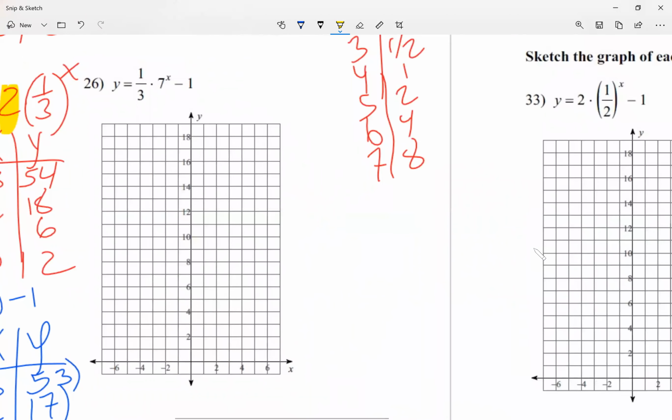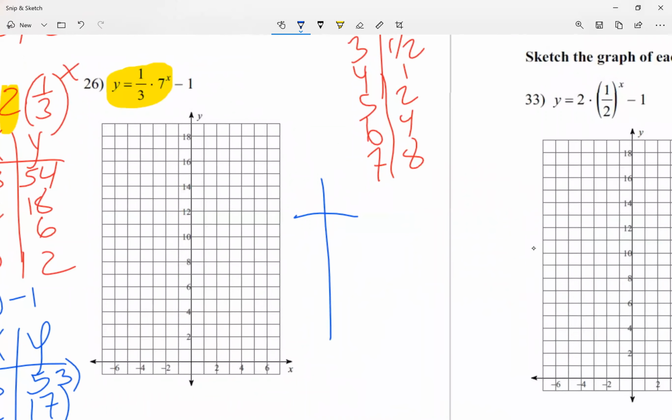I'm looking at this as y is equal to 1/3 times 7 to the x. My base is 7, so the base is more than 1. I expect this graph to be going up. So let me make a table of x's and y values. I'm going to say my first number is 1/3.